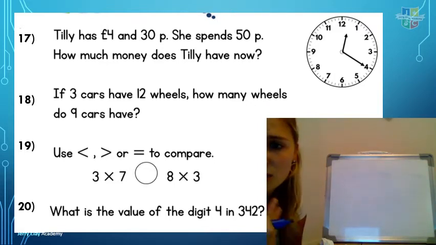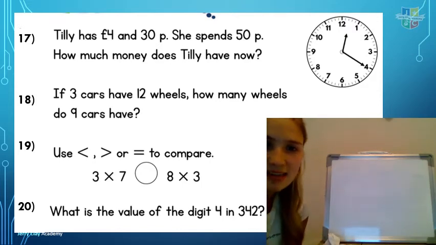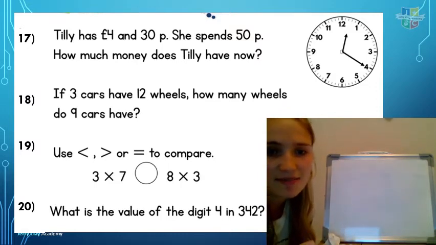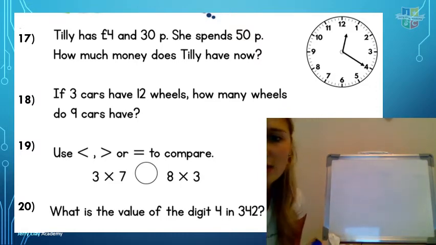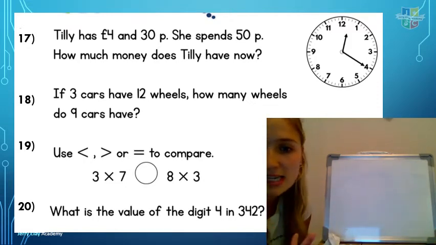So think about how you could work that one out. And then using the signs to compare the different numbers, thinking about whether you need to work it out or whether there's a clue. And finally, what is the value of the digit 4 in 342? For a bonus point, you can always tell me what each of the values are worth.